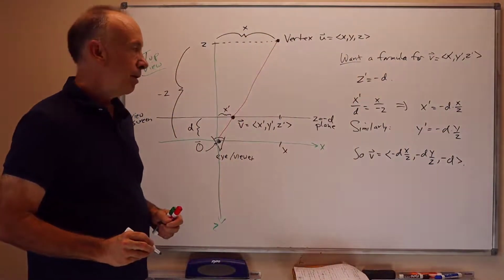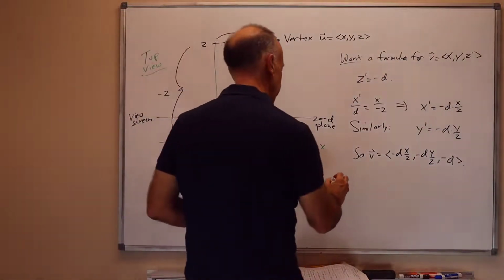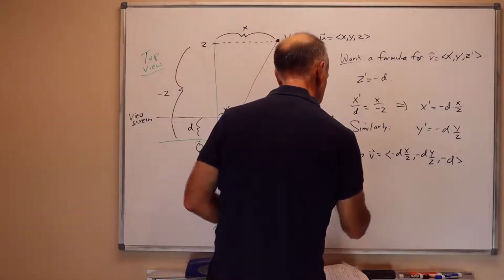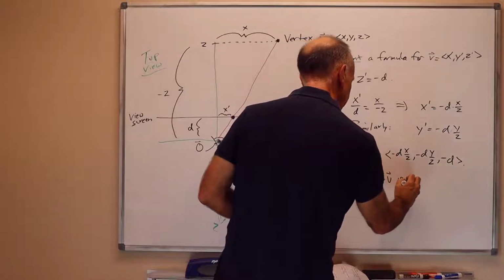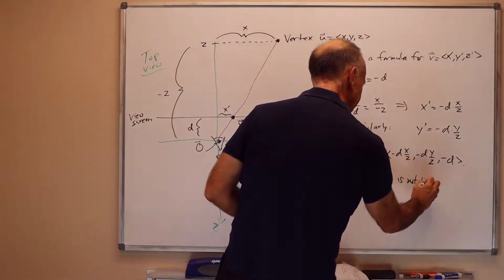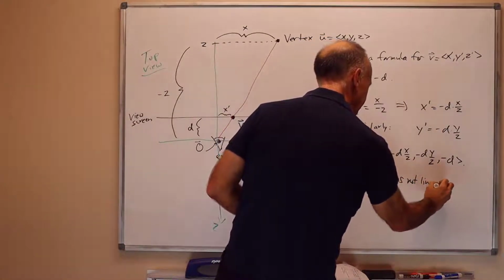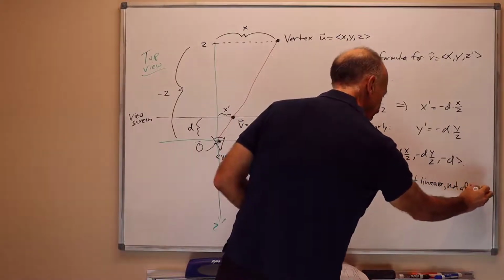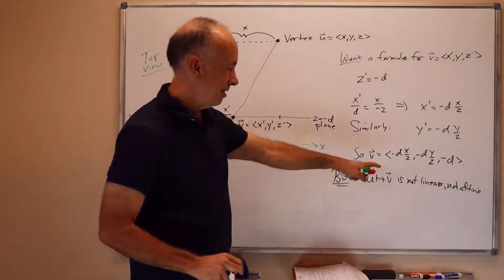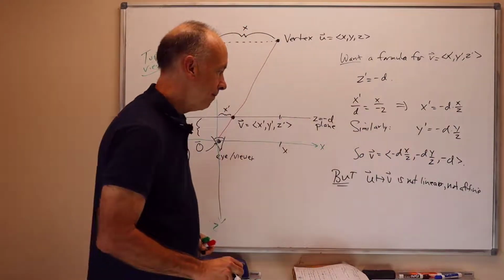It's all very simple, but there's a big catch here. The mapping from u to v is not linear, and it's not affine either. That's not hard to check, basically because we're dividing by z here.